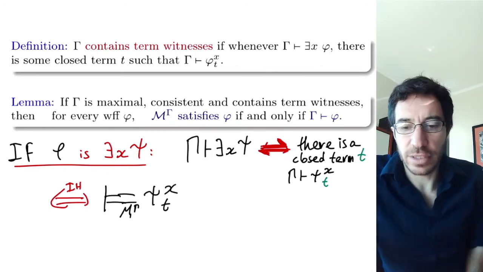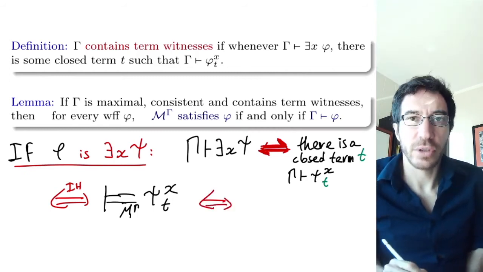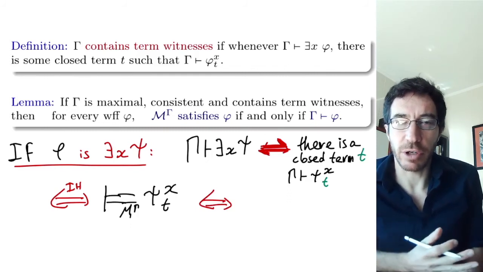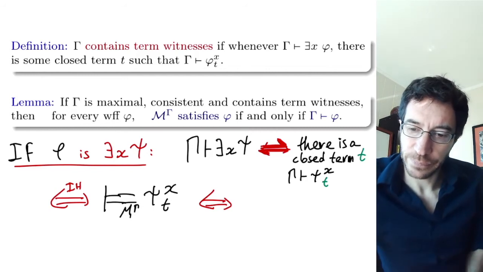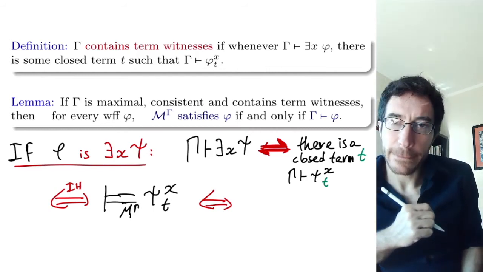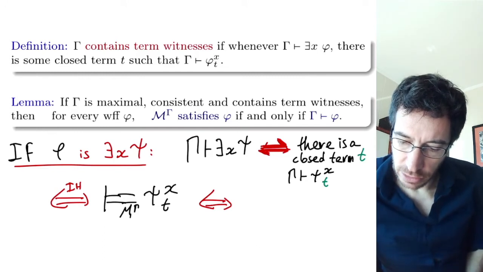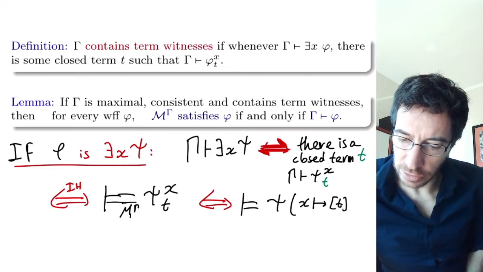But then this is just again the definition of what it means for an existential to be true. So when you replace x by the interpretation of t, that's what you get. So essentially, maybe I'm going to write this as: psi is true where x is interpreted as the equivalence class of t that belongs to the term model.